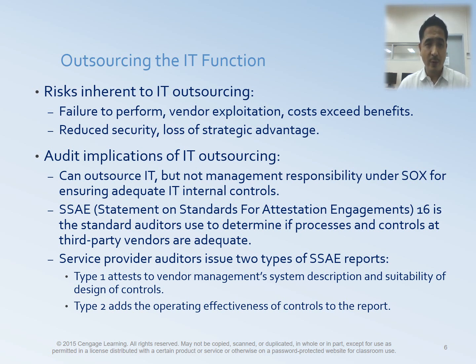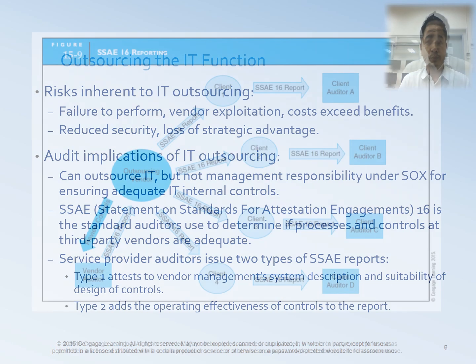There are two types of report. The first, type 1, just mentions the description of the control. In type 2, in addition to the description of the control, there should be testing, so the effectiveness of the control should be included.